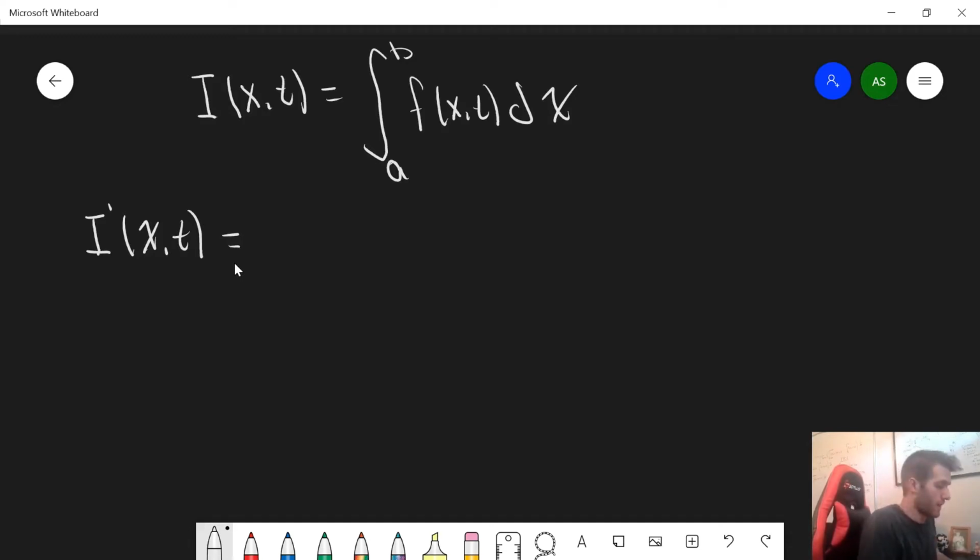But we want to have the limit definition of our I function, our I variable that we're going to be using here. So that's going to be put together by using the difference quotient.